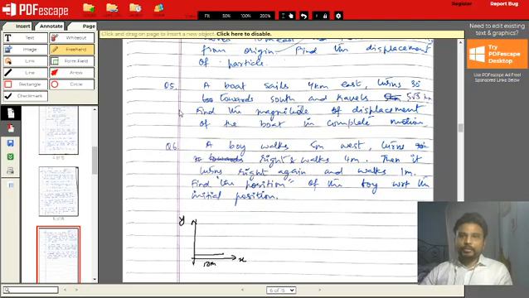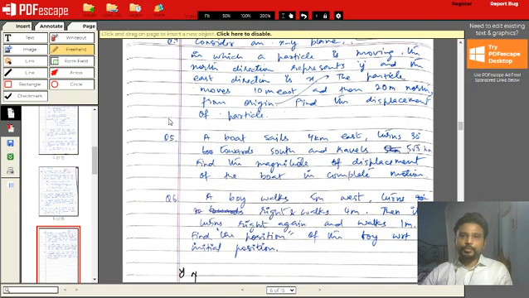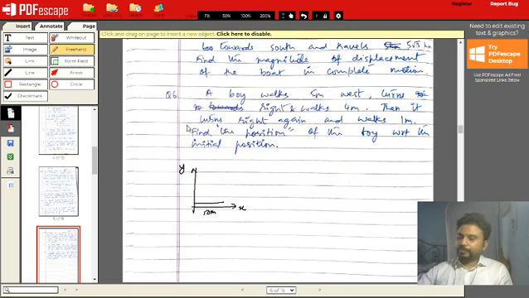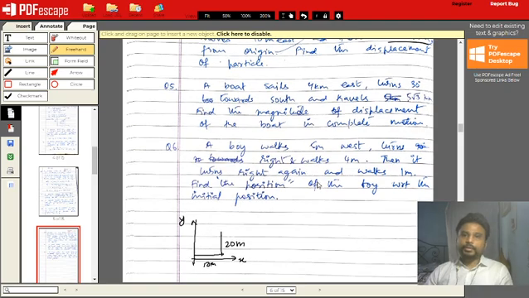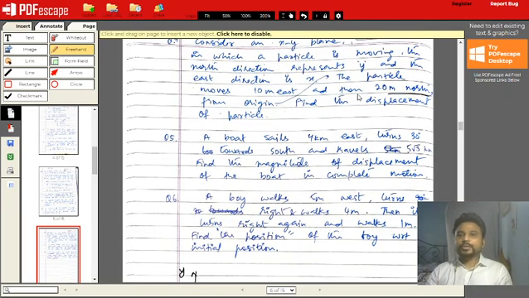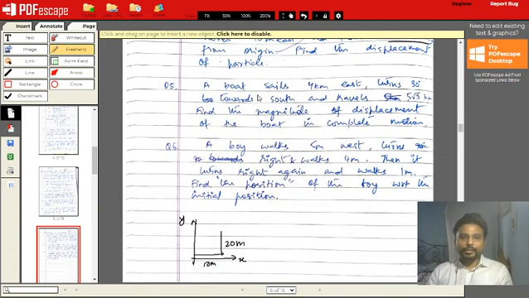And along y direction, that is along north, it moves 20 meters. Since it is moving along north, we said y-axis and not the other way around. So it is given in the question that it is moving 20 meter north. That's why we said that the particle is moving 20 meter north direction.